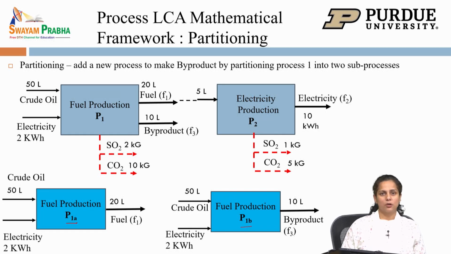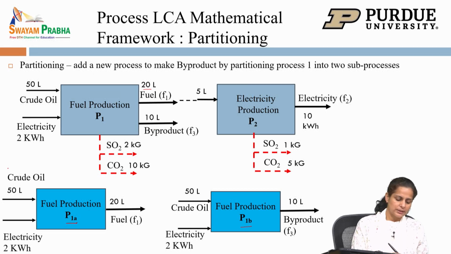Of course, this is not always possible, so this is kind of an assumption, and then we will be giving weightings to each of the resource consumption depending on the volume being produced. So, here since we have 20 liters of fuel being produced and 10 liters of byproduct, we will give the weighting to this process A as 20 by 30.